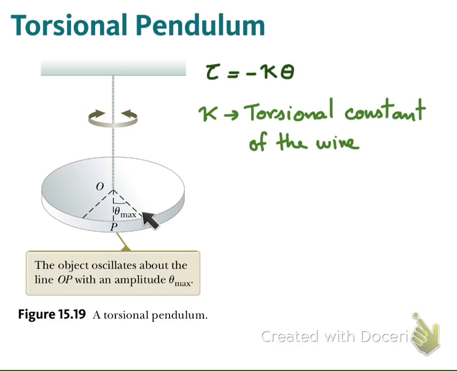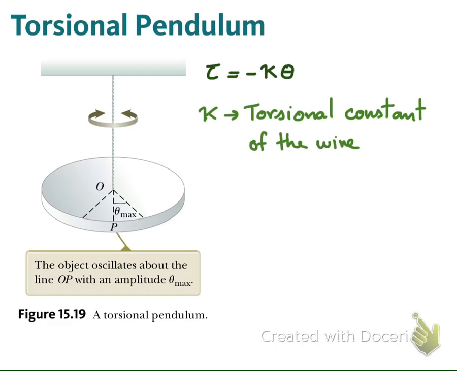So if you define the counterclockwise direction as positive, the restoring torque will try to twist it back in the negative direction. This is very similar to the spring case.